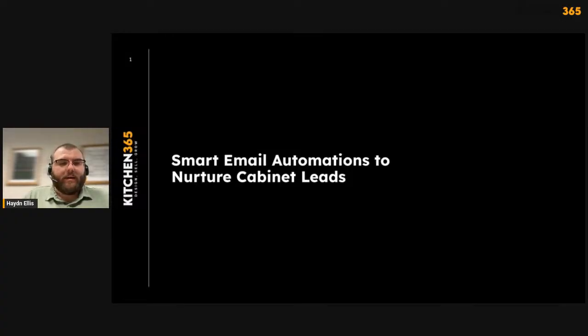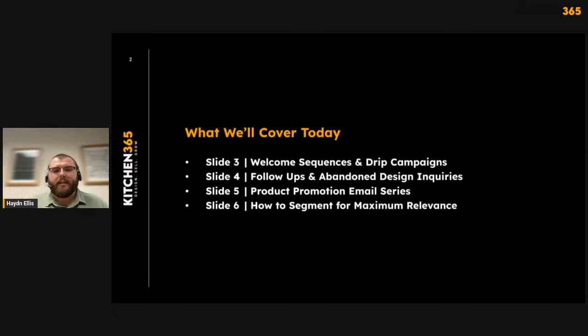So yeah, like I said, talking about smart email automations to help nurture cabinet leads. But more specifically, the things that I want to cover today are welcome sequences and drip campaigns to help nurture cabinet leads, different follow-ups and abandoned inquiries. So if someone is shopping on your site and it's an abandoned cart, or if someone gets to a form page but doesn't submit for whatever reason, trying to follow up with those guys and different opportunities that you may have there, as well as different product promotion series, right?